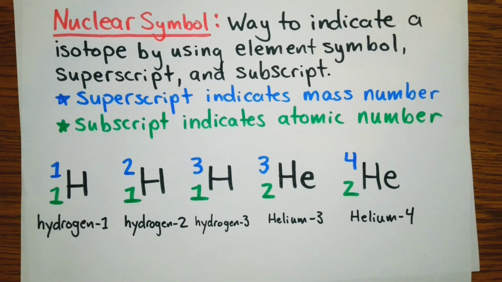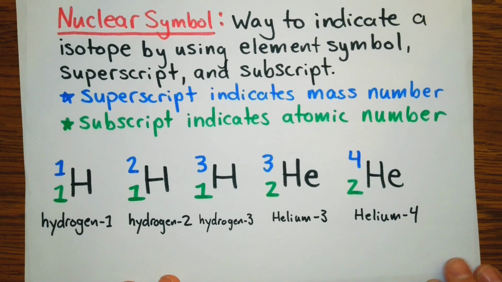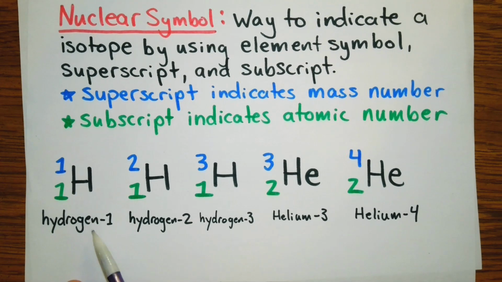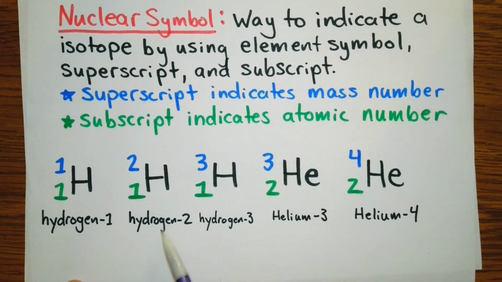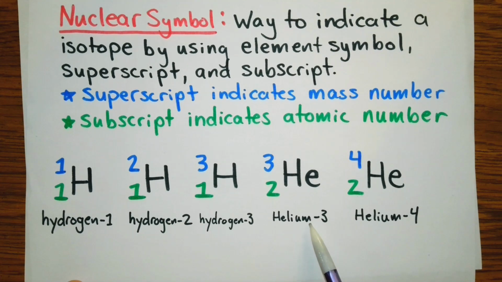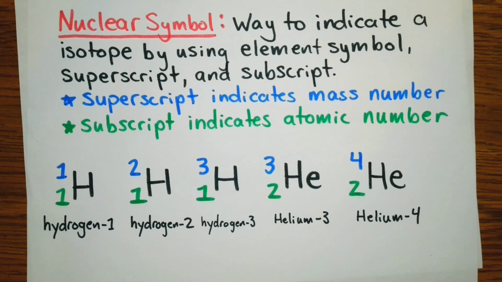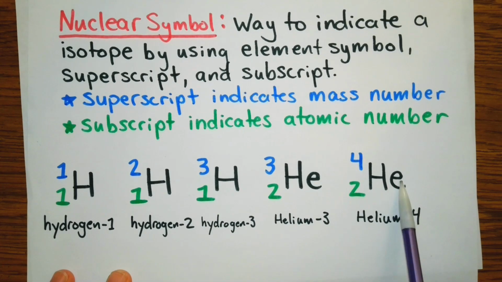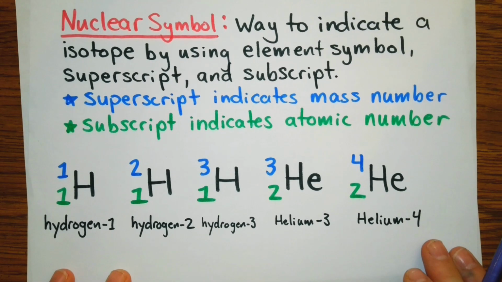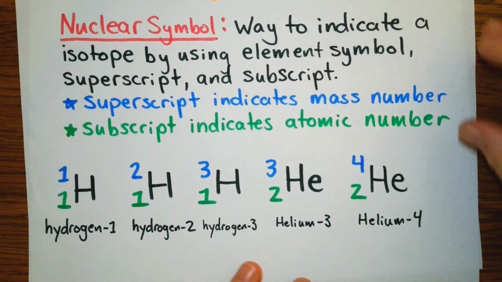And so if we were just to write that out, this would indicate hydrogen 1, hydrogen 2, hydrogen 3, helium 3, helium 4. So get used to seeing these in various forms and just recognize what they are when you see them. The reason why we have this version up here is because we'll use those in nuclear reactions.